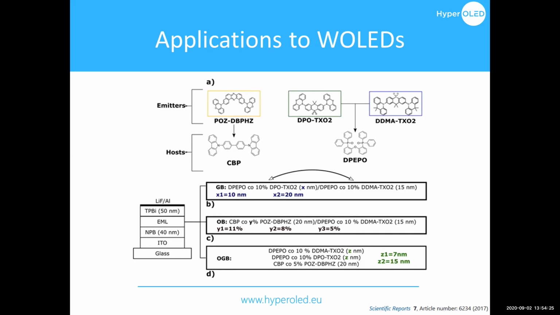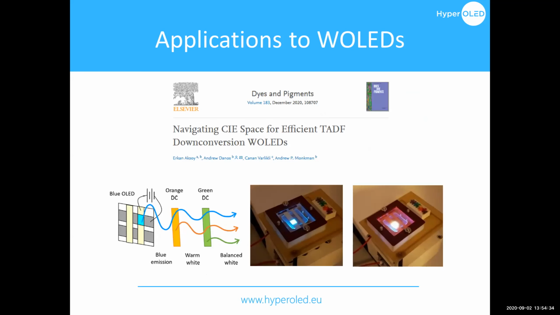So some work that I've put out recently with some collaborators that I'm quite proud of and trying to show off to you guys here is a different, much simpler, but still very successful approach, where we were able to take a working blue TADF OLED based on some of these emitters that I've already shown, put a polymer coating on top that had some perylenes embedded in it, and convert some of the blue into orange, such that the combination of the remaining blue and orange, or in later cases, blue, orange, and green, were giving a really nice white color coordinate.